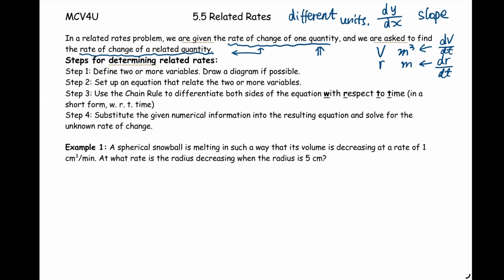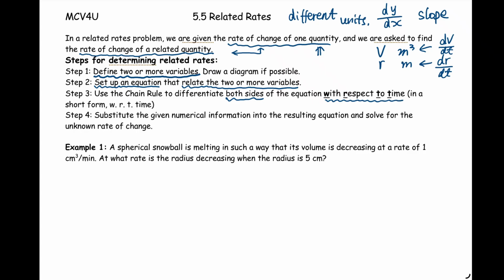So the steps for determining related rates. The first one: if the formula is not given, we need to introduce variables. Most of the time two, sometimes more, and draw a diagram if possible. After that, we need to set up an equation to relate the two or more variables. Then we do the derivative to both sides again, but this time most of the time with respect to time.